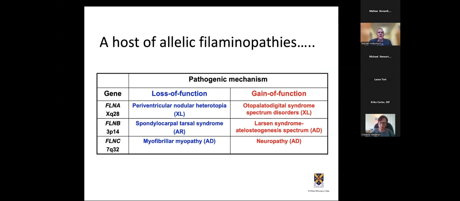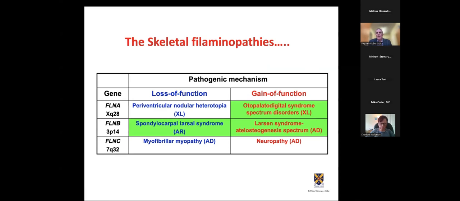But filamin C is a neuromuscular deal for the most part, with a loss of function myofibrillar myopathy and a gain of function neuropathy featuring as part of those forms of filaminopathies. But today we're all about bone, and it's those three squares in this 3x2 matrix of filaminopathies which we're going to focus on today.